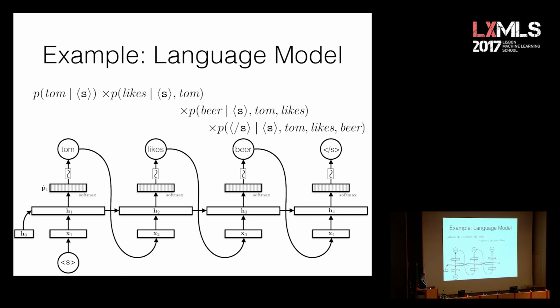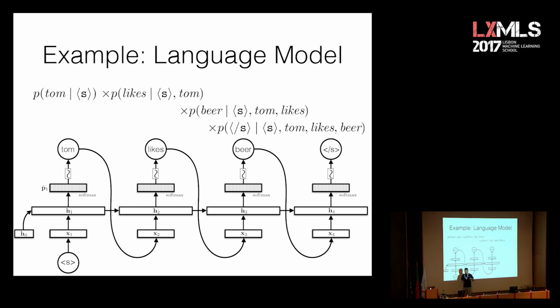Now we can also do this one more time, and we say sample the word beer. And so you can imagine that this neural network has figured out that there's this guy Tom. He likes things, and one of the things he likes is beer. And so all of this lives in the parameters of the network.